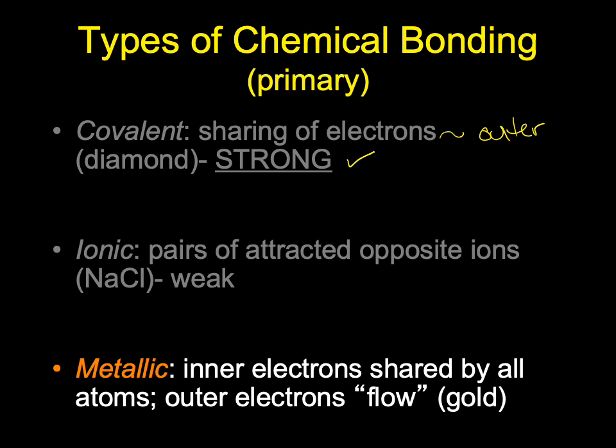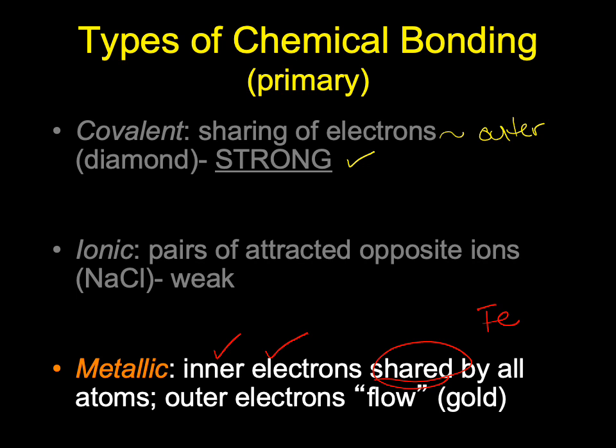Lastly, the ones that we're going to talk about, and I know that there's lots of other types, like hydrogen bonds and polarity bonds and whatever else, but the last one I want to talk about here is metallic bonds. Metallic bonds are where you're sharing electrons again, but you're sharing the inner electrons. So literally when metal atoms bond metallically, something like iron or gold or silver, they're not only sharing the outer electron shells, but they're also sharing electrons from the inner shells. This might make sense as to why metal is a good conductor of electricity.